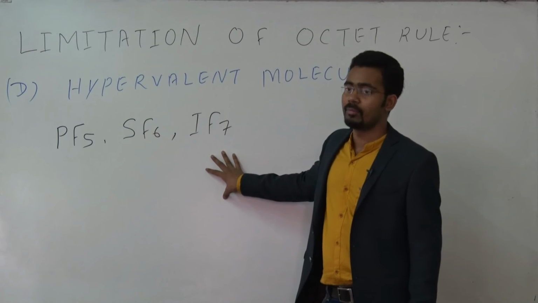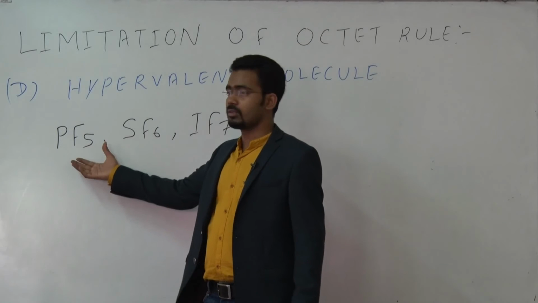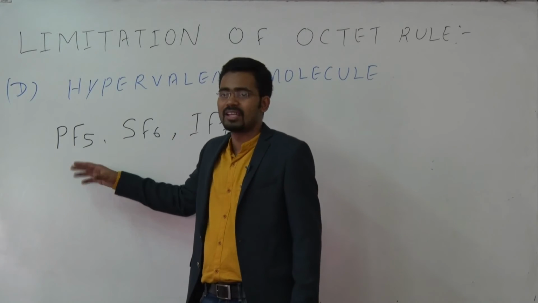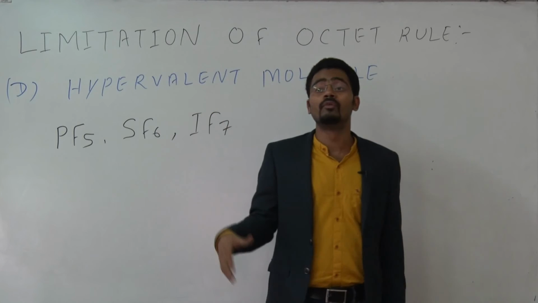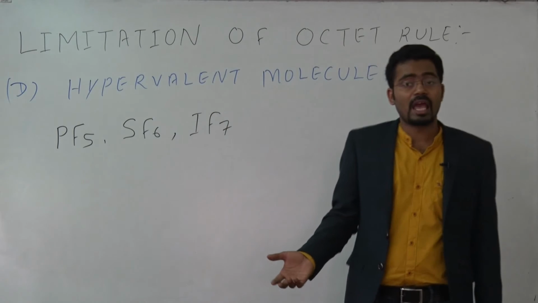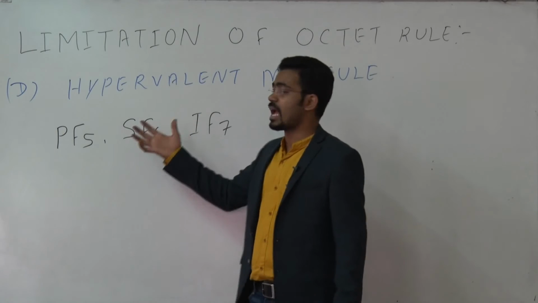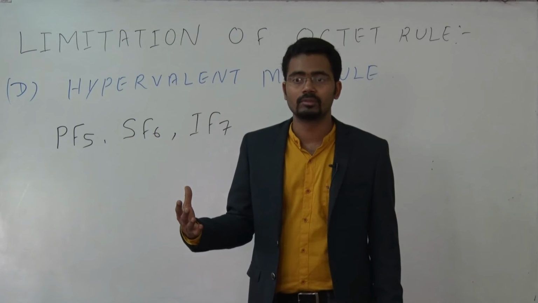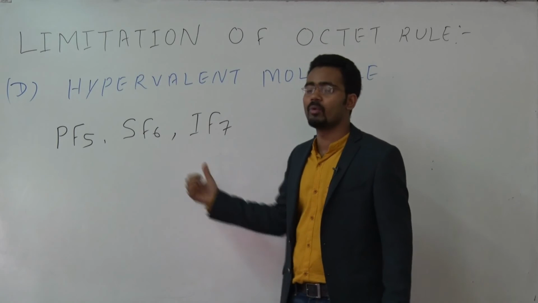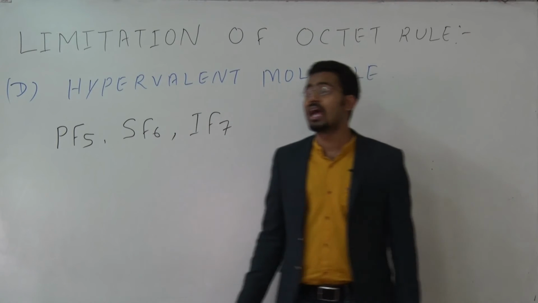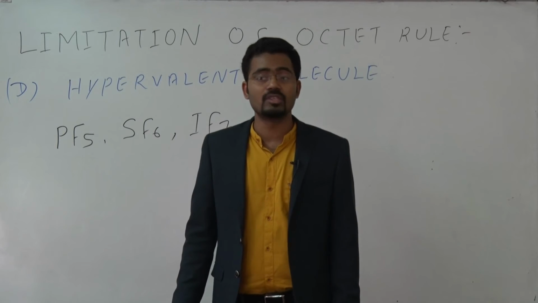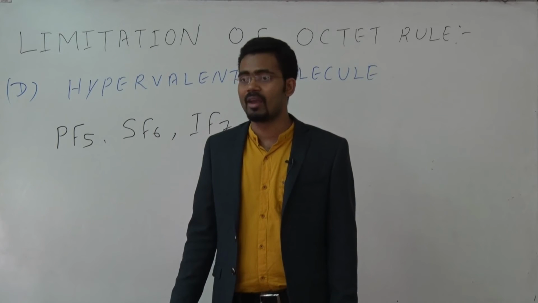Why hypervalent? Because all have more than 4 surrounding atoms. I can say all have more than 4 bonds, and you can say all have more than 8 electrons in the valence shell. So what is a hypervalent molecule? A molecule having more than 8 electrons in its valence shell is called a hypervalent molecule.